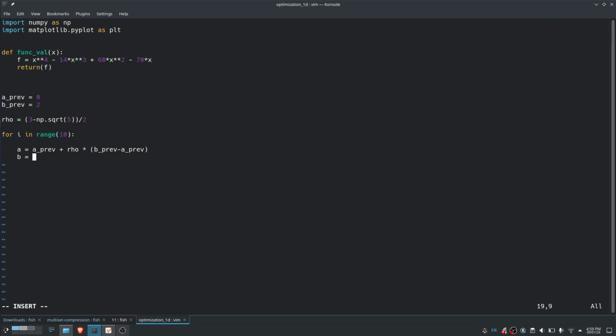And my bi prime is b previous minus exactly this amount. Correct? Now let's say that I evaluated all of these 4 points. I don't need to, but I still do it.